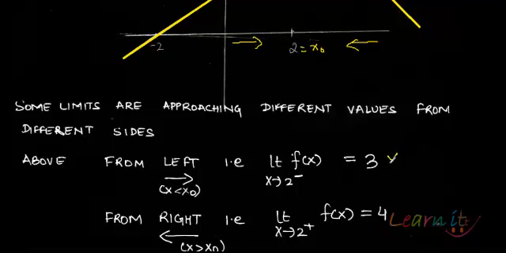Then it is 3. I say that x tends to 2 minus, and the minus sign is for left. We call it a left hand side limit.